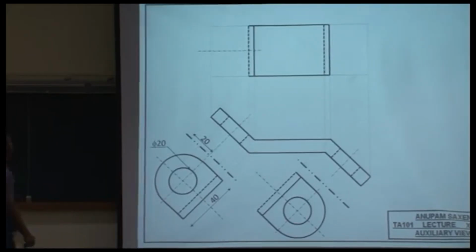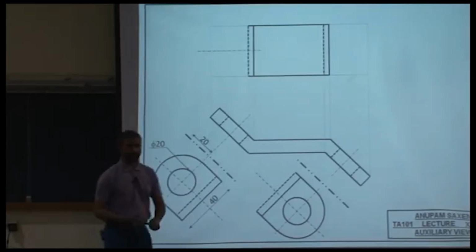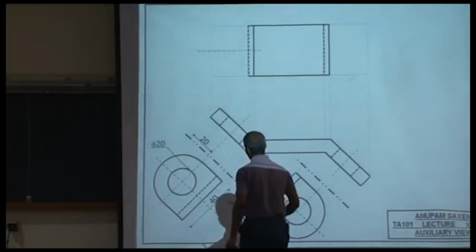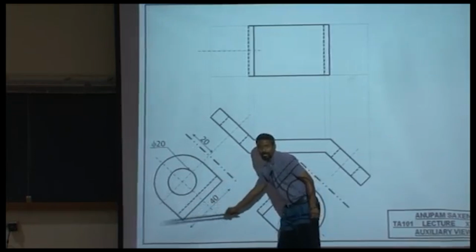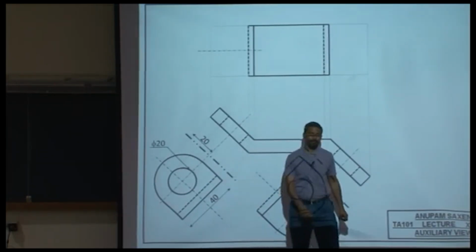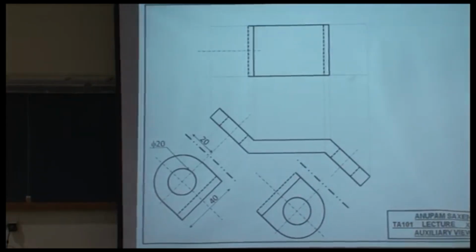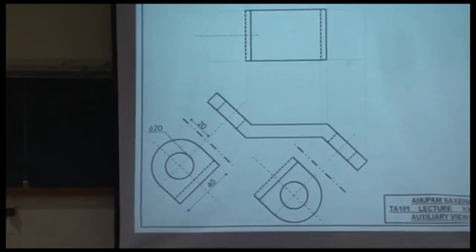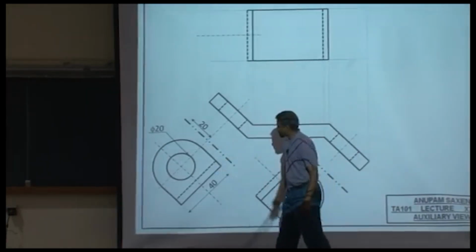Now the question is, how do we transfer the features over here onto this part of the drawing in the top view? How do we do that? Step 1, break this arc into a number of segments.